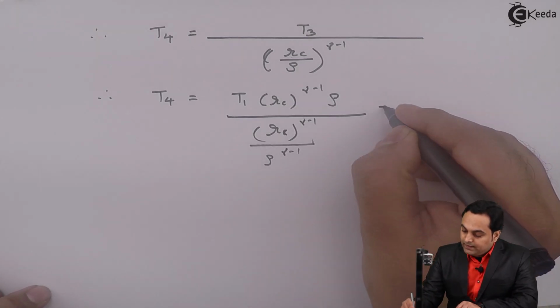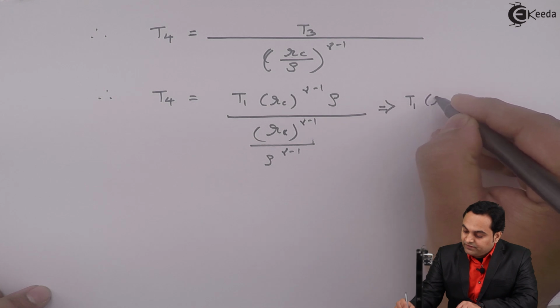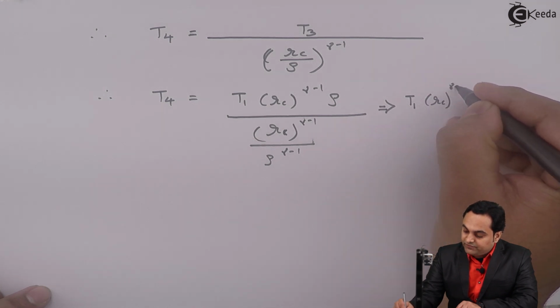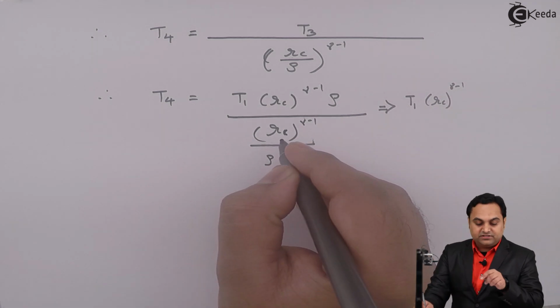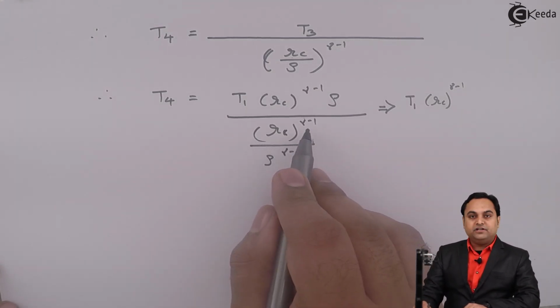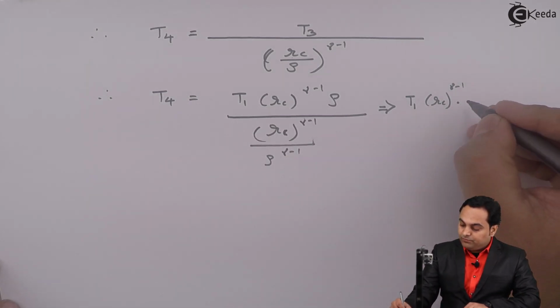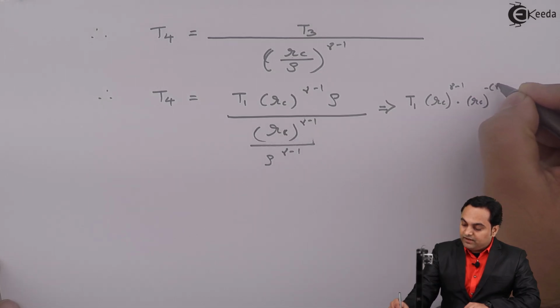Next, I'll simply shift the terms, that is T1 I'll keep it as it is, RC raised to gamma minus 1 as it is. Now when I shift this term, I am getting RC raised to gamma minus 1 in the numerator, so that will become, with a negative sign, RC raised to minus gamma minus 1.